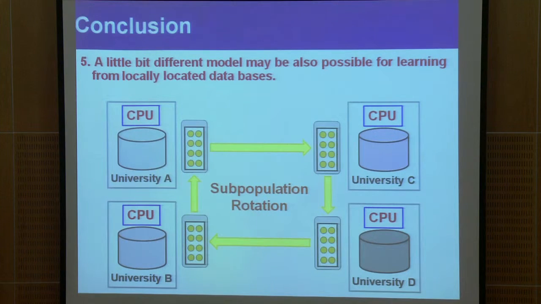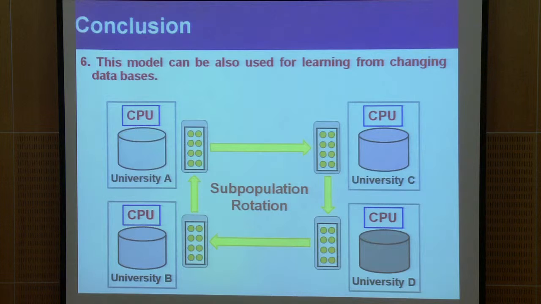So in this case, subpopulations are rotated over different locations. Then we may be able to obtain a good rule-based system.